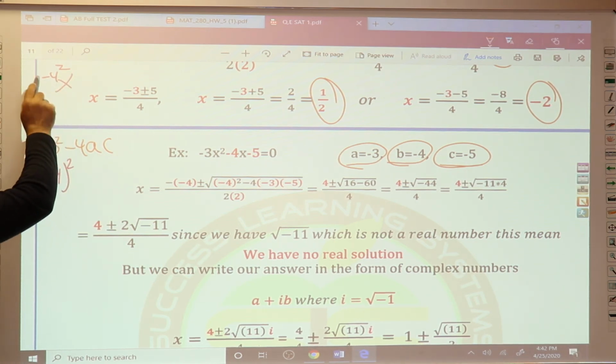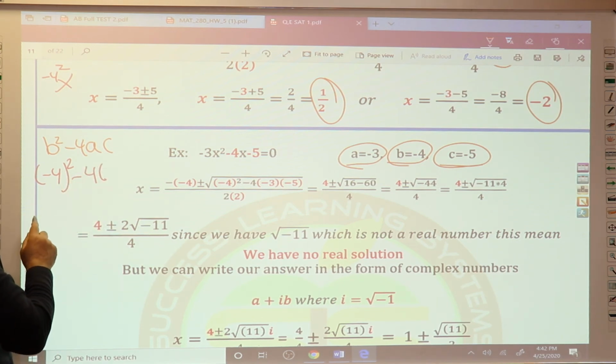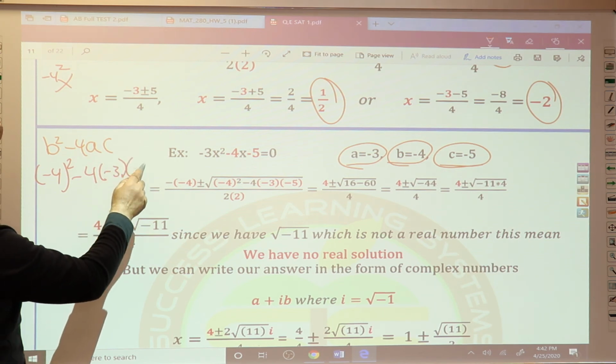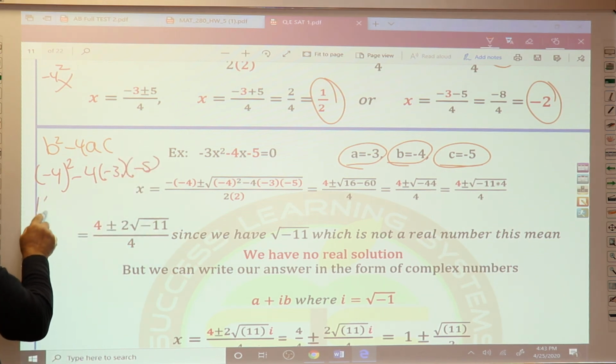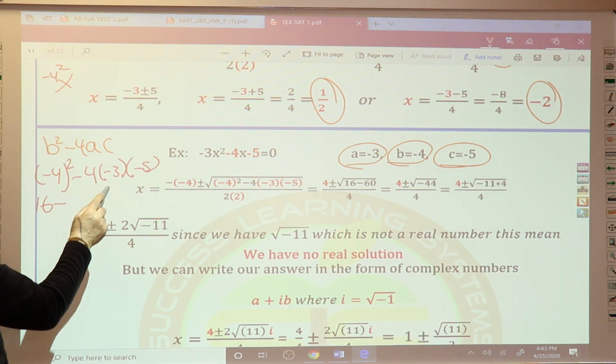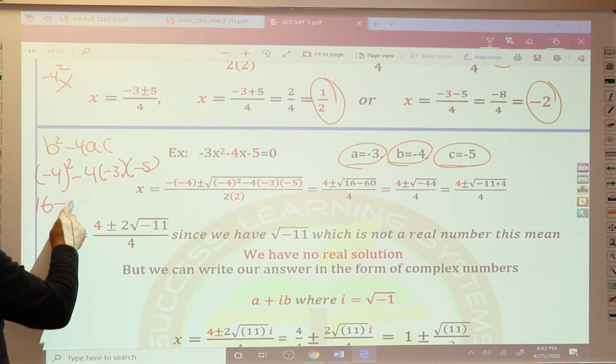Don't do this, please. Negative 4 squared is 16, minus 4 times a, which is negative 3, and c, negative 5. Minus and minus gives 60.